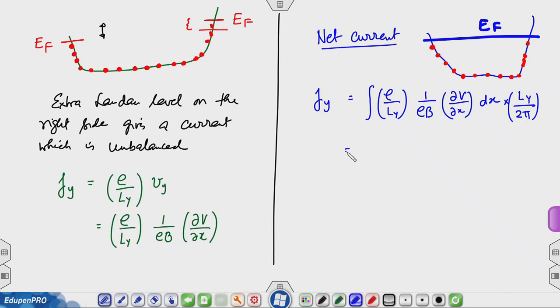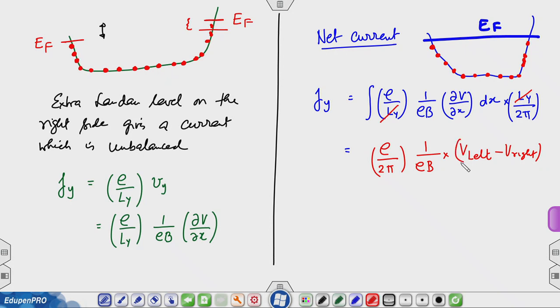So, this is equal to this, Ly cancels. I get e over 2 pi, 1 over Eb, times dV by dx, which would be V left minus V right.